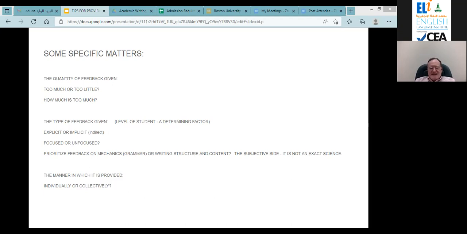And then finally here, how do we provide it? Individually or collectively? Well, if we do it with one student, what's the best way to do it?